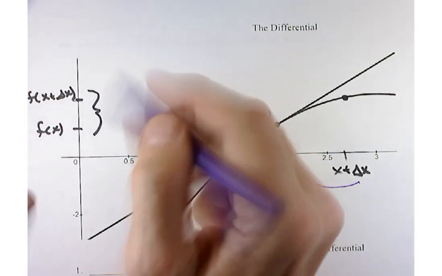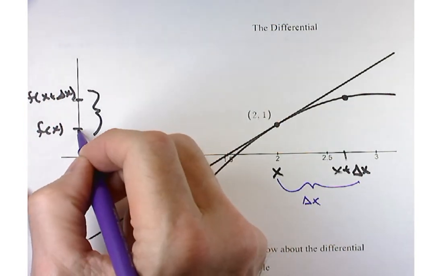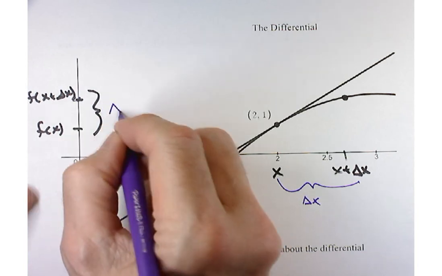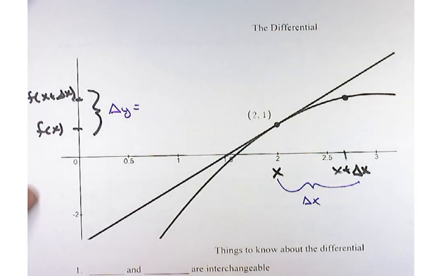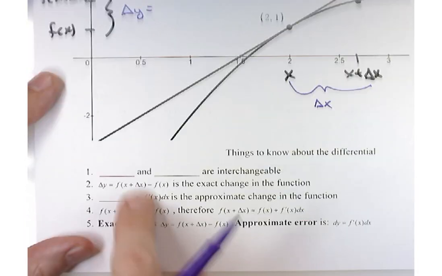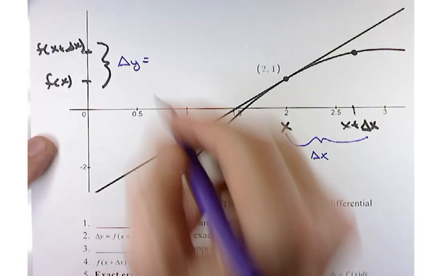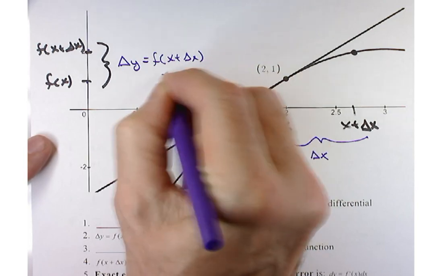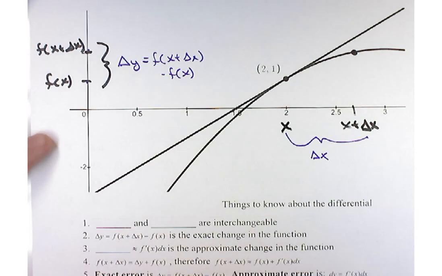In the same fashion, in going from this y value to this y value, the difference in those is going to be my delta y. And delta y is going to be defined as it is down here as the difference in these 2 heights. So it's going to be f of x plus delta x minus f of x. That's your delta y.